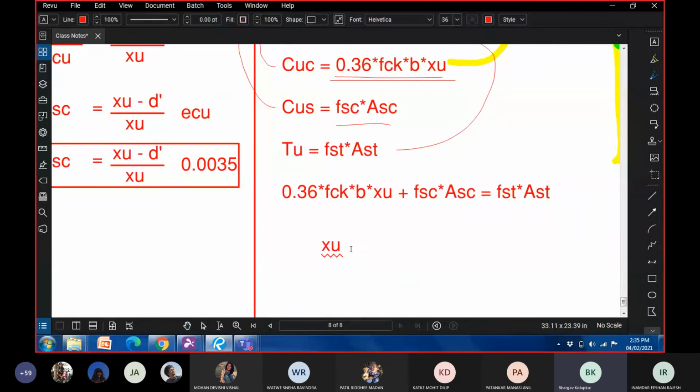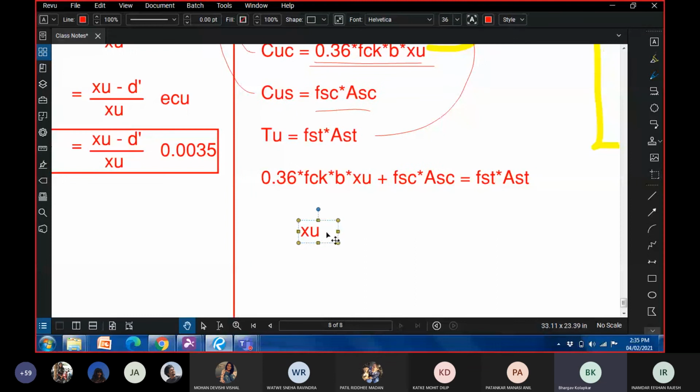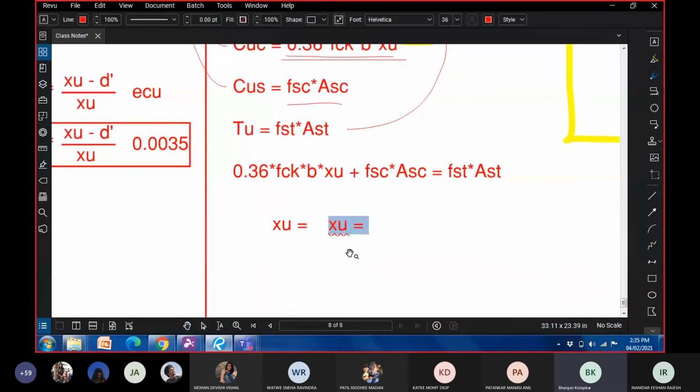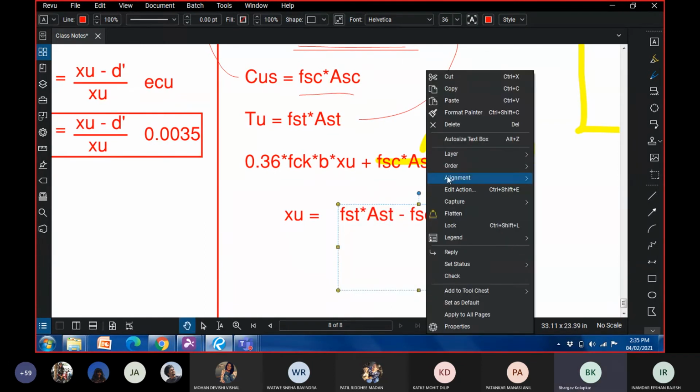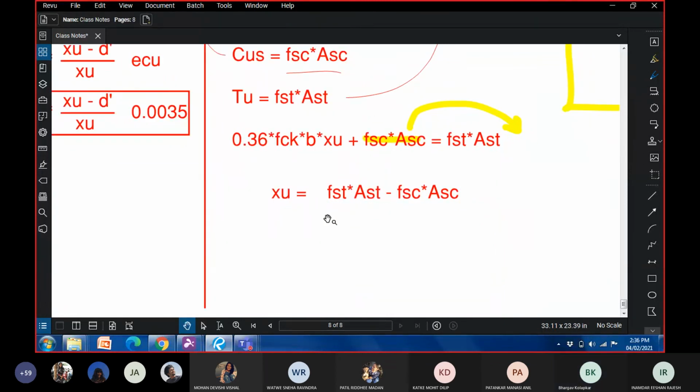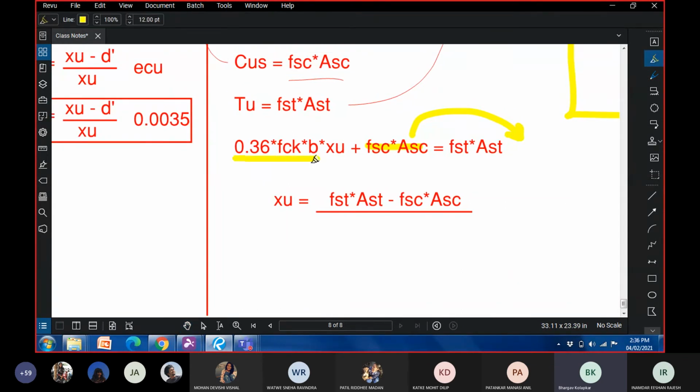So with this, I can rewrite XU. XU is equal to FST into AST minus, I can take this term on the left side, therefore this plus becomes minus FSC into ASC, and then the left out term, which is this, gets to the denominator.